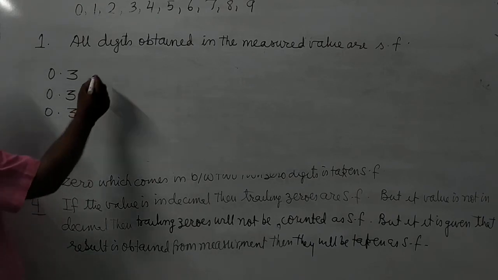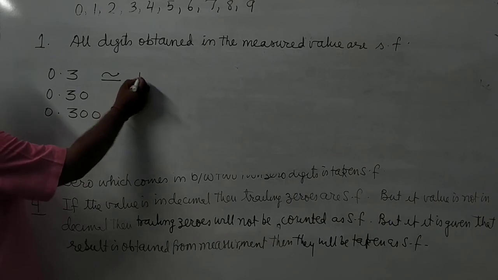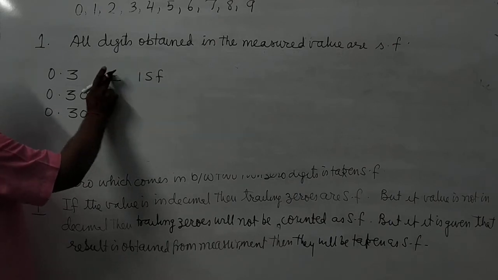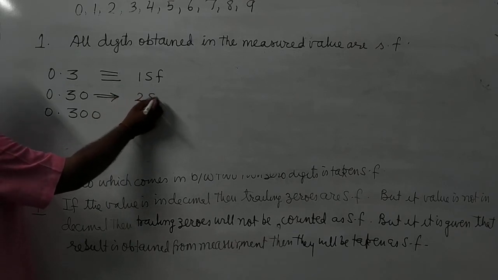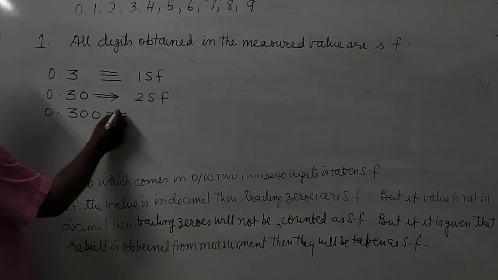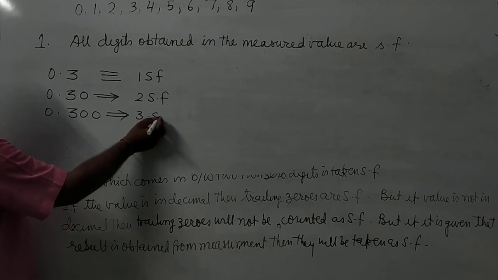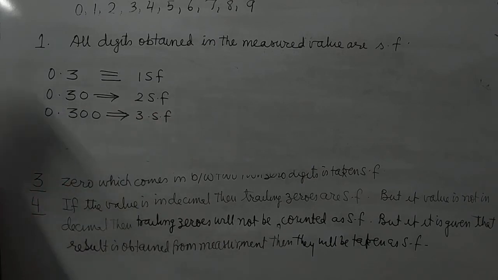If you see the magnitude, they are the same. But here it is having one significant figure, here it is having how many significant figures? 2 significant figures. Here it is having how many? 3 significant figures. Means which one is more precise? This one is more precise. Though numerically they are the same, at the precision level this one is more precise as compared to the remaining.